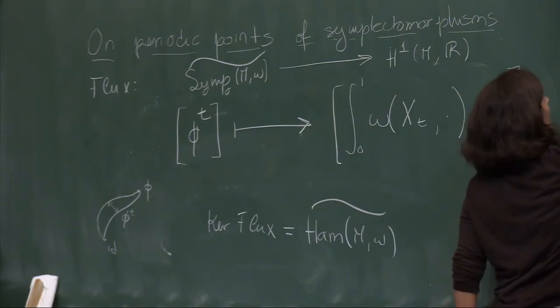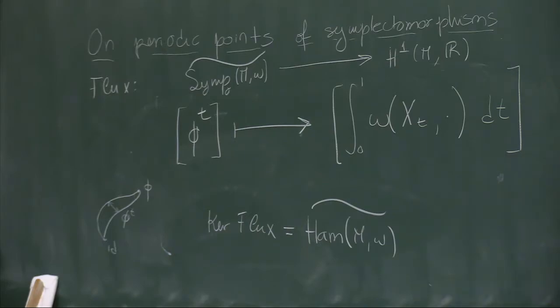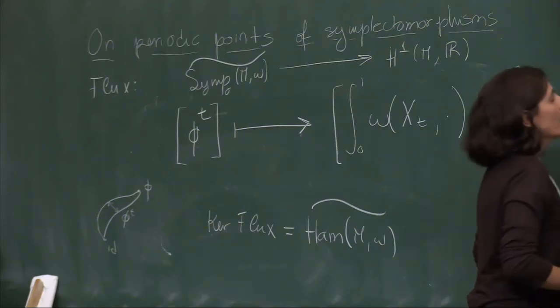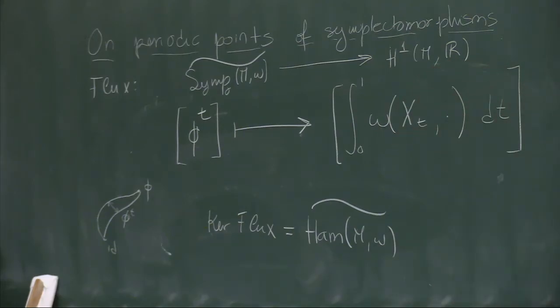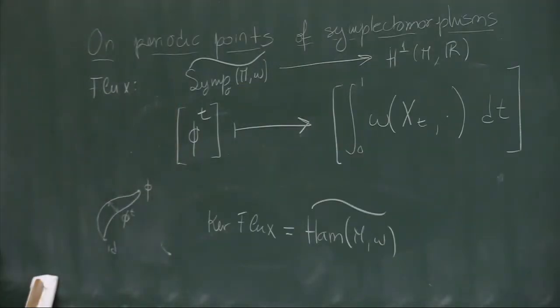So what is the flux of this isotopy, (x, y) goes to (x plus t theta, y)?